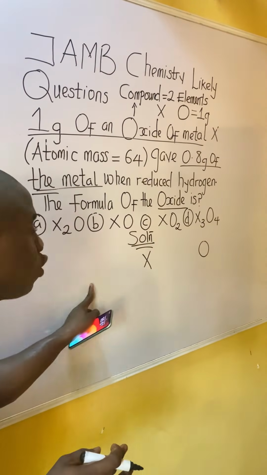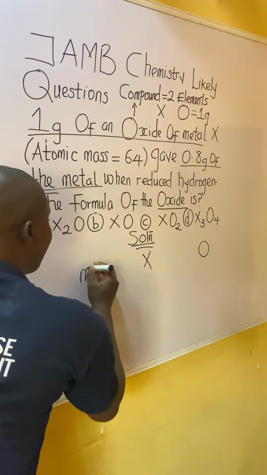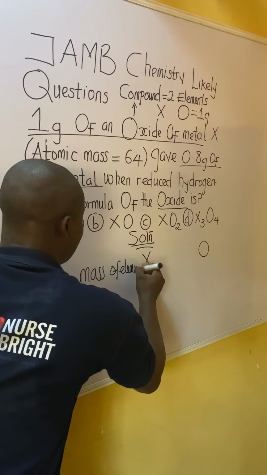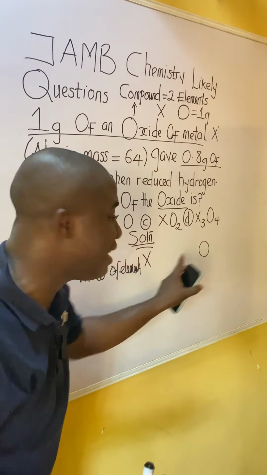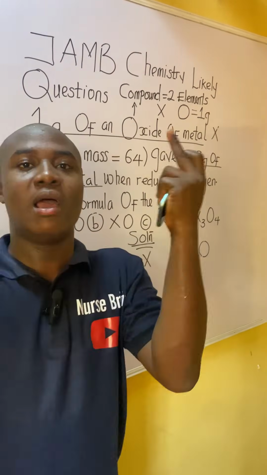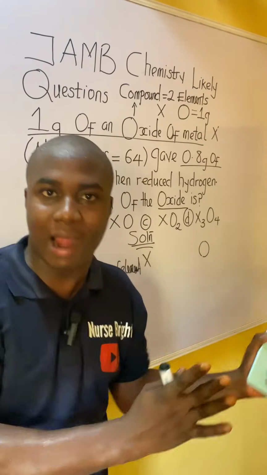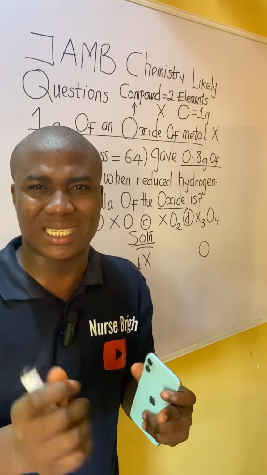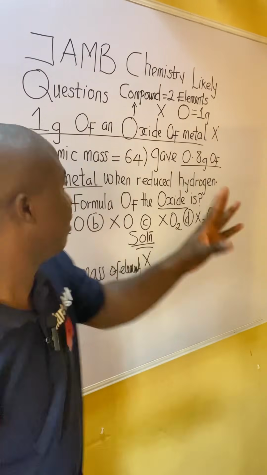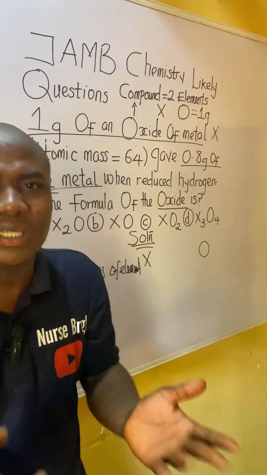The next thing to write is the mass of elements, because in this question we were given our values in grams. So all those values are masses.